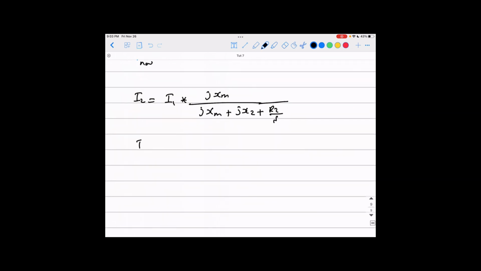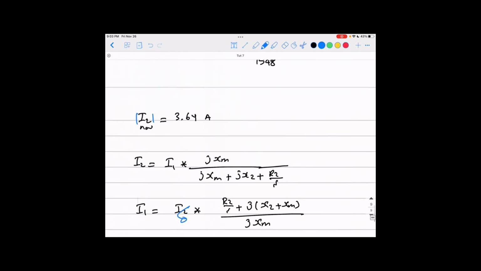So to find I1, it will be I2 multiplied by R2 over s plus j(X2 plus XM), divided by jXM.